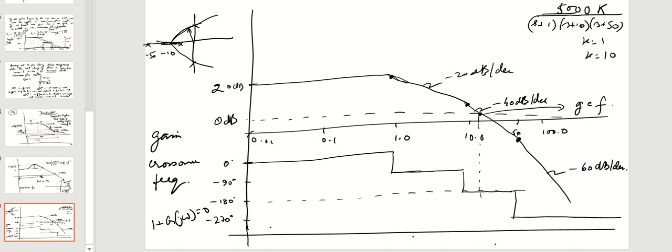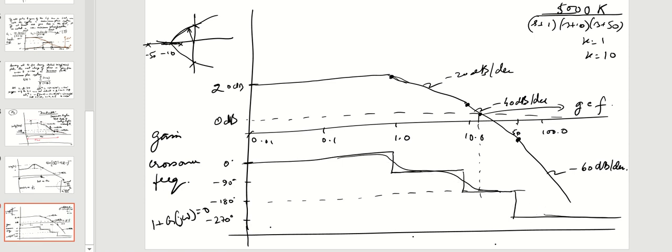Yeah, so you'll probably have an actual phase plot that looks somewhat like this. Something like this, then like this. Sorry, let me redraw that previous line.